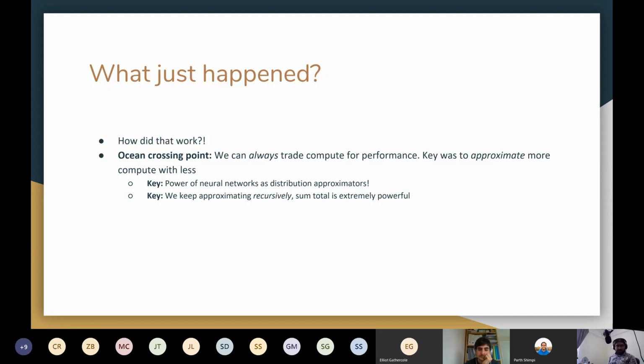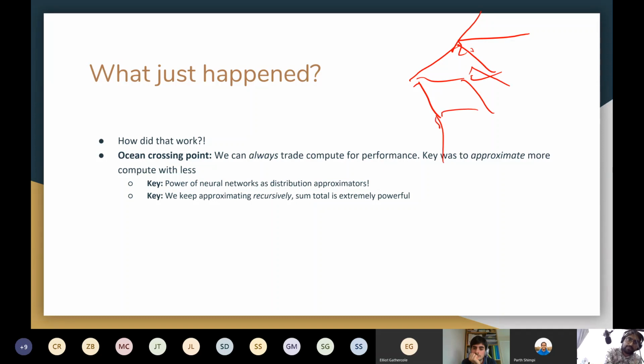A picture I find useful to have in my head is that we're trying to explore a tree, and we learn how to summarize looking one step further into a single node. Now when we do it again, we've learned how to compress 9 nodes into 1. Then when we do this again, we learn how to compress 27 nodes into 1.